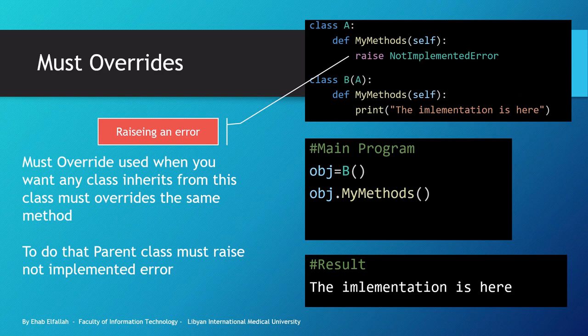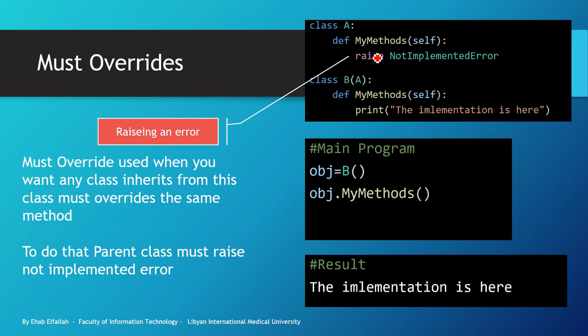Must override is used when you want any class that inherits from this class to override the same method name, because sometimes the parent leaves the implementation of some methods to the child class based on its characteristics, and we can do that by raising an error in Python. So the parent class must raise a NotImplementedError in that case.